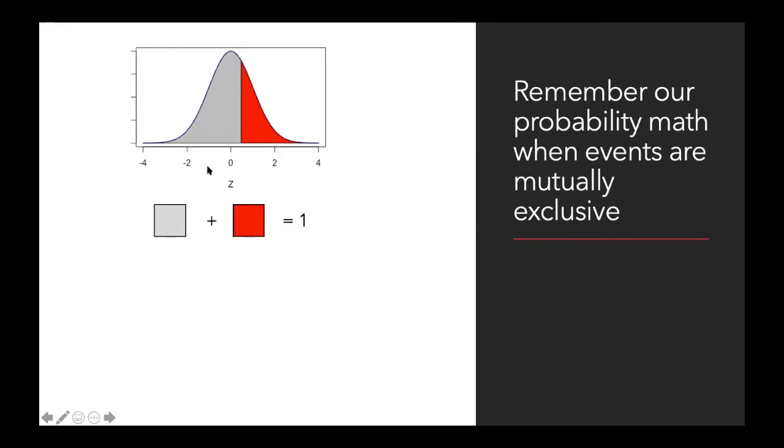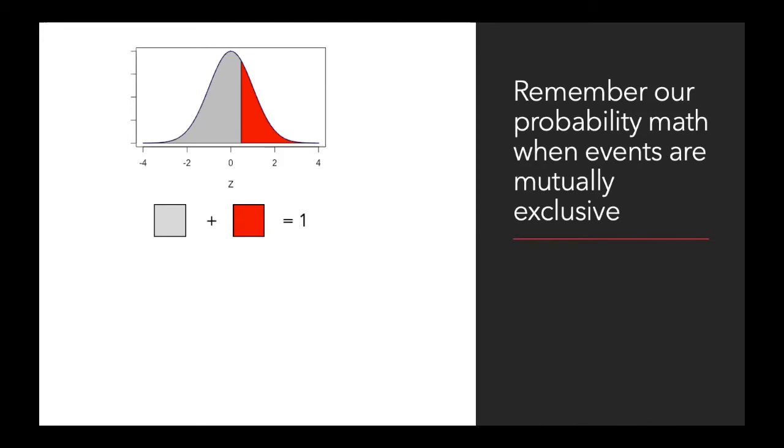So the probability of being greater than 180 centimeters and the probability of being less than 180 centimeters need to sum to 1. So the area under the curve shown in red and the area under the curve shown in gray must together sum to 1 to account for all of the observations and their probabilities.